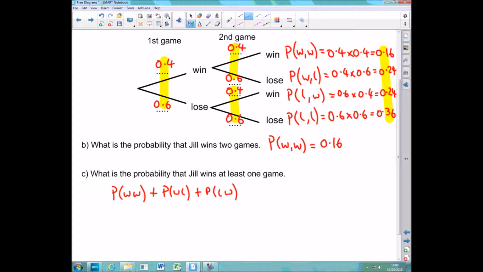Now, when we've got all of these different things that could happen, what we need to do is add all these probabilities up. So we've got 0.16 plus 0.24 plus 0.24, and those all add together to give me 0.64.